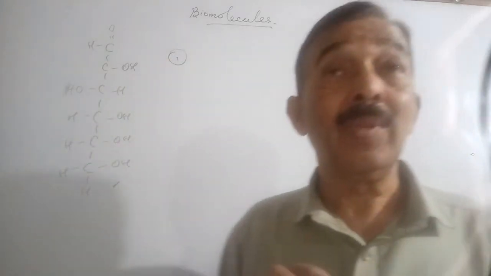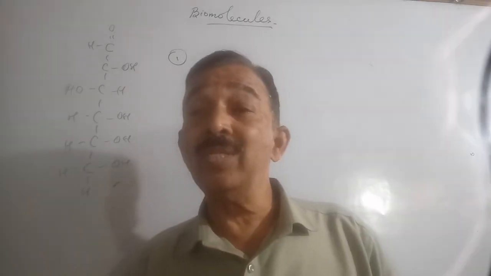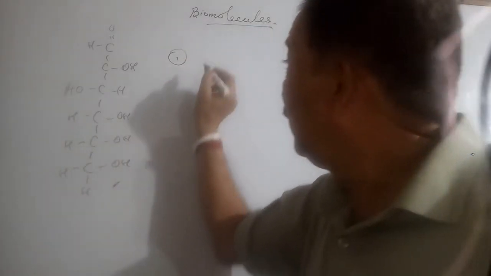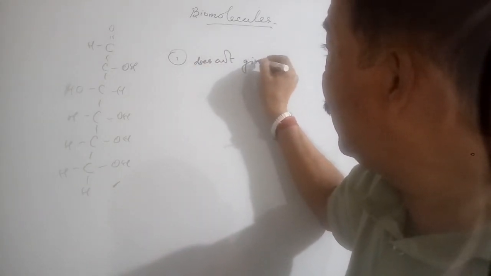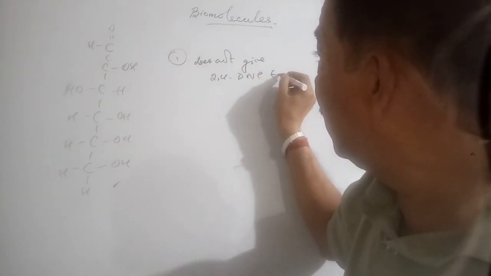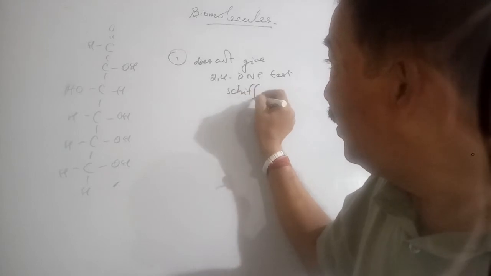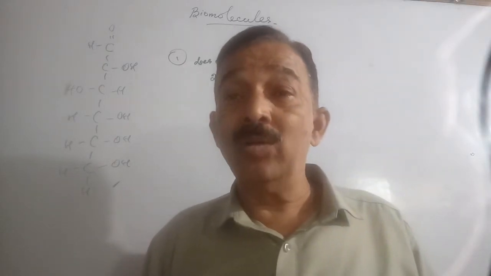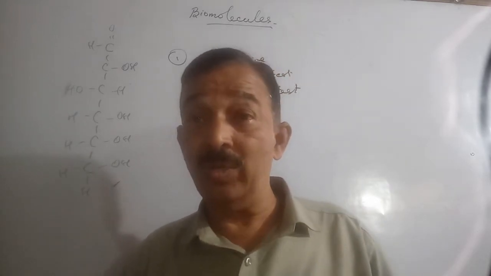Number one: despite having the CHO group, the aldehyde group, glucose does not give the 2,4-DNP test, the Schiff's test, and it also cannot form the hydrogen sulfite addition product on reacting with sodium bisulfite.